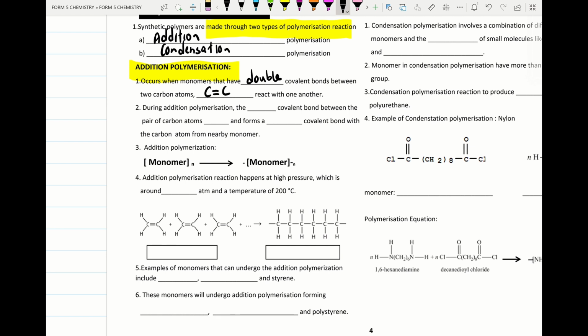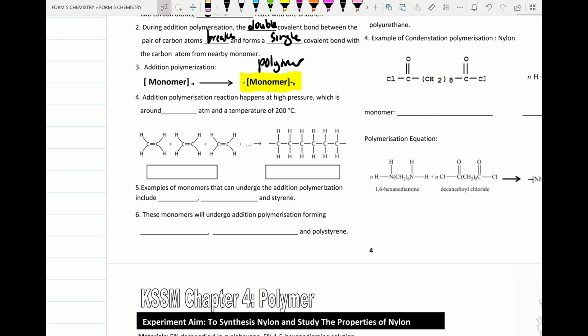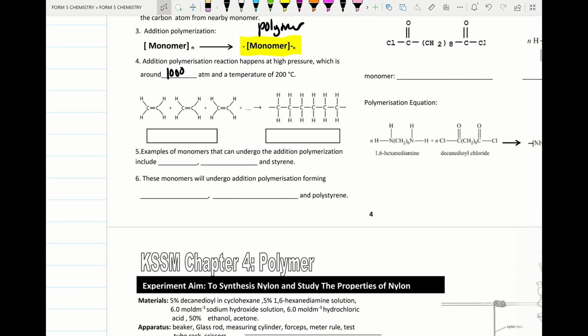During addition polymerization, the double covalent bond between the pair of carbon atoms will break and form a single covalent bond with the carbon atom from the nearby molecule, and they will combine together in repeating sequences to form a long chain polymer. Addition polymerization reaction occurs at high pressure, which is around 1000 atmospheres, and a temperature of 200 degrees Celsius. For example, take a look at the diagram.